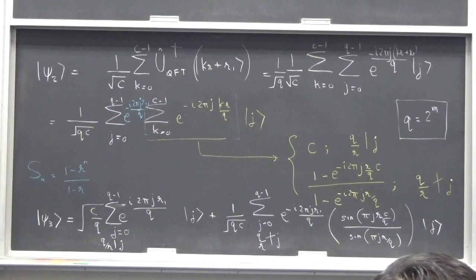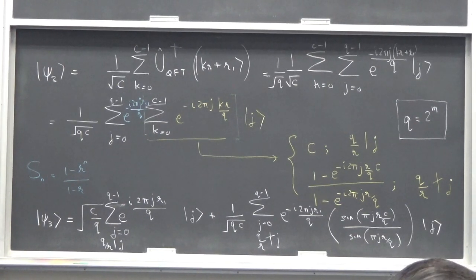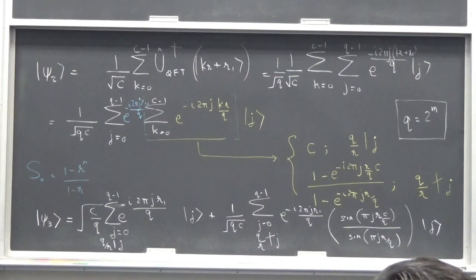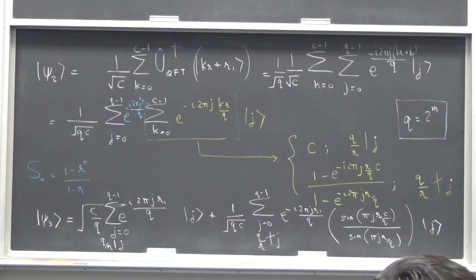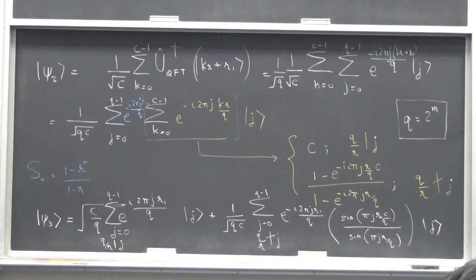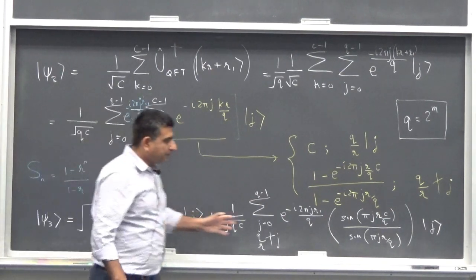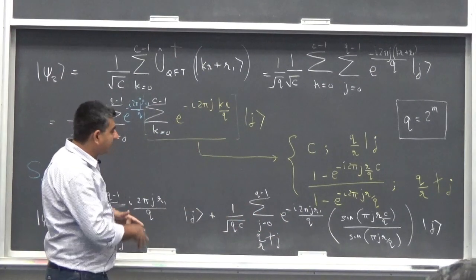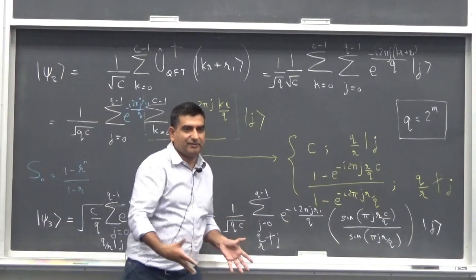j are all the integer states. So the first register can collapse into one of the j states. It could be 0, 1, 2, 3, all the way up to q minus 1. Right? So I'm getting a state which is proportional to ket j.